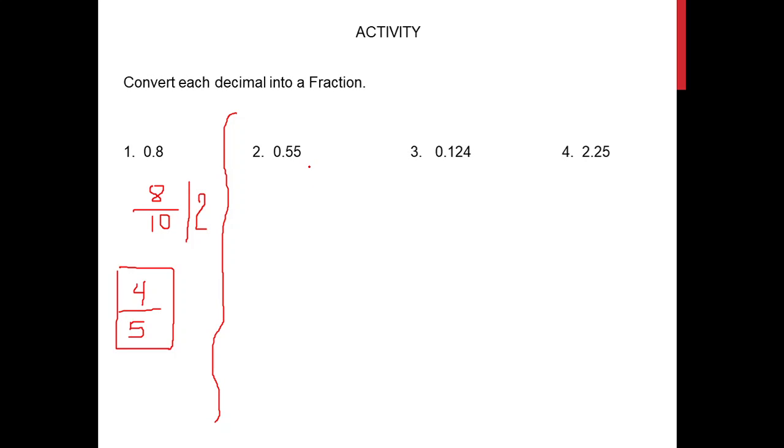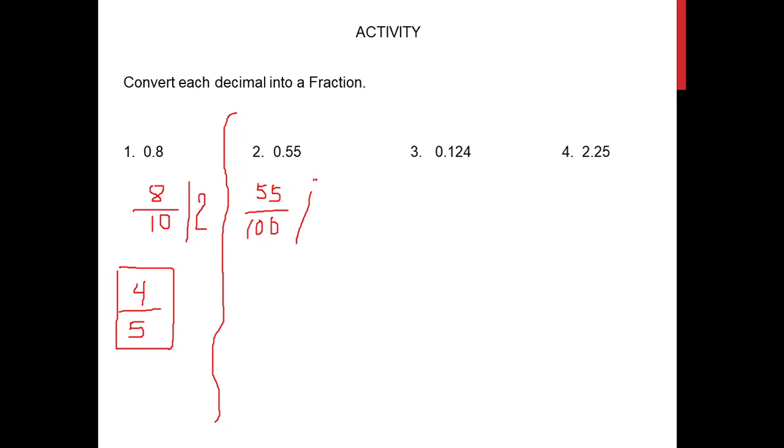0.55. Again, identify the place value of the last number, which is 5. That is the hundredths place, right? So let's just write 55 here, then divide it by its place value, which is 100. Step 3, simplify our fraction. Now, our numerator and denominator can be divided by 5.